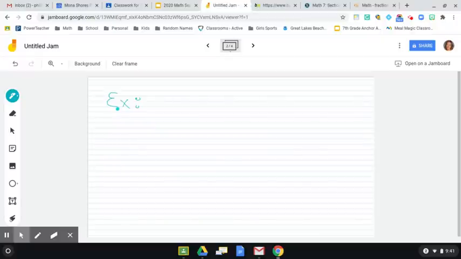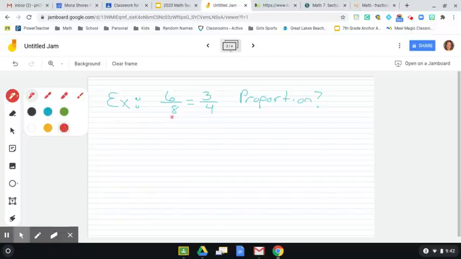So the first one I'm going to give you is 6/8 equals 3/4. And I want to know if this is a proportion. I can find out if it's a proportion by checking the cross products like you just saw in that video.